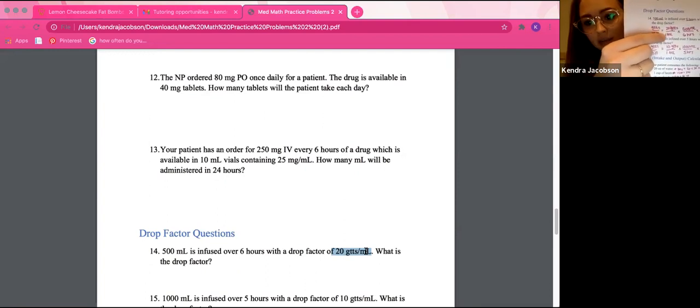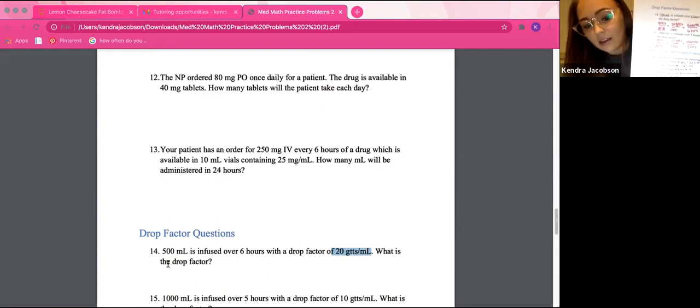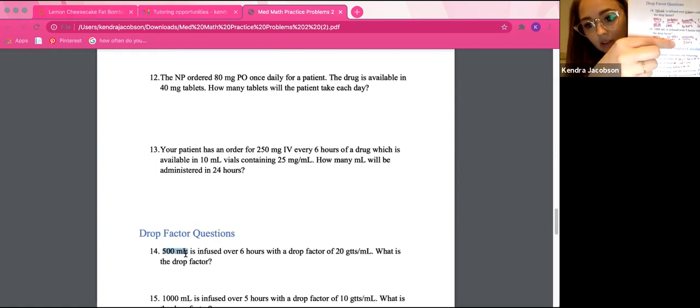Moving on, the next thing we're going to want to get rid of is the milliliters. So we're going to put the 500 milliliters that are in the problem on top. And we know that those 500 milliliters need to be infused over the 6 hours.